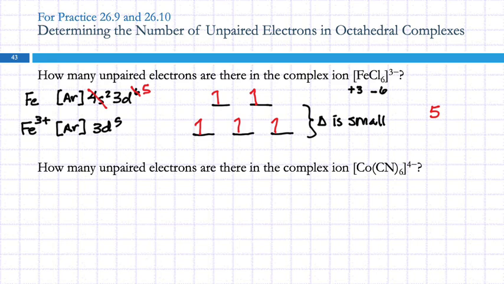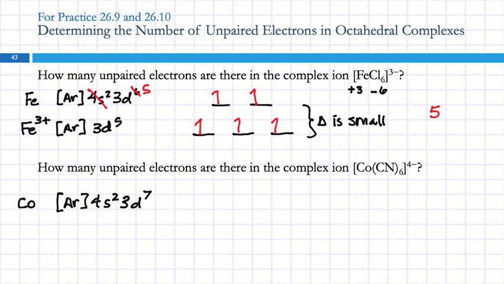Let's do CoCN6 4 minus. Again, we have to start with the electron configuration for cobalt, which is argon 4s2, and then we count across. This has 1 more electron than iron, so it's going to be 3d7.